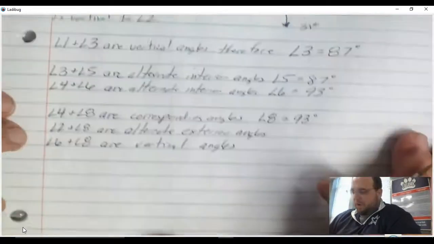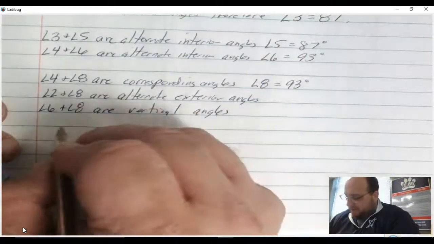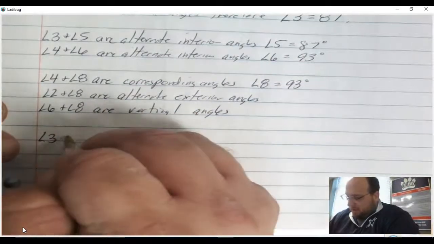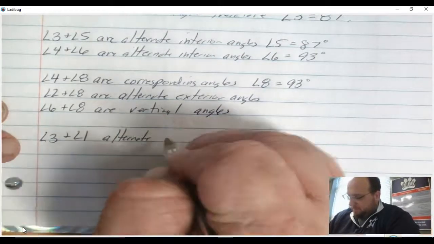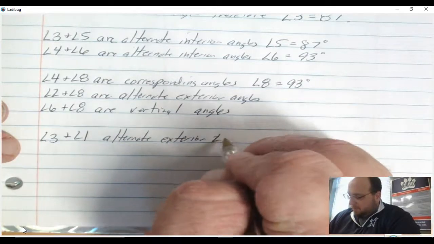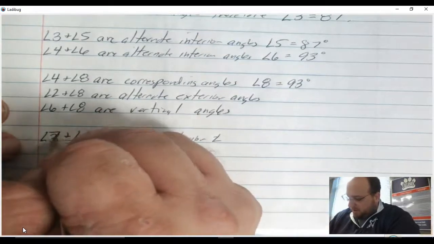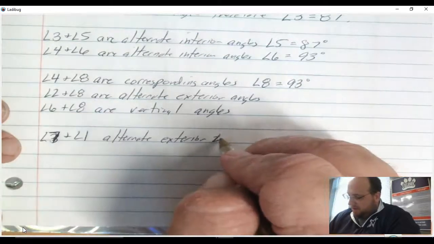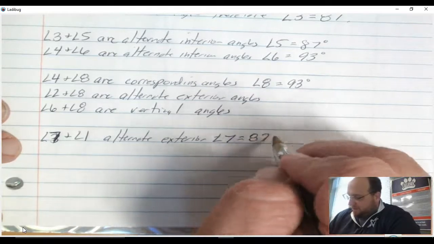Again, there are multiple ways. If you look here, angle 7 is the only one we have left. Angle 7 and angle 1 are alternate exterior angles. Oh, I meant to write angle 7, sorry. So angle 7 is equal to 87 degrees.